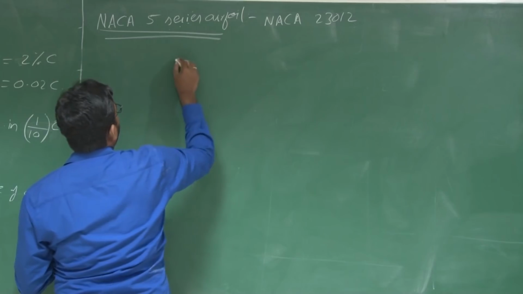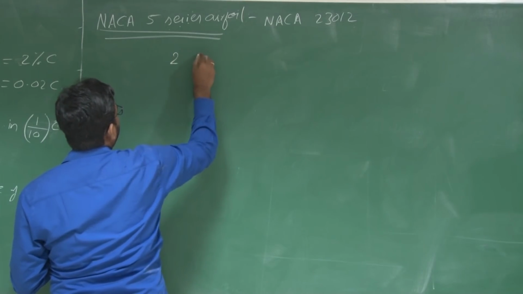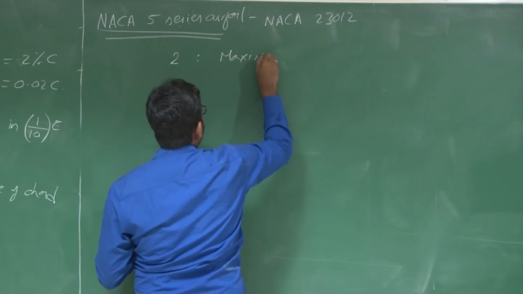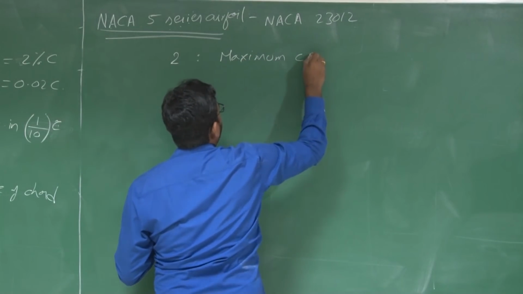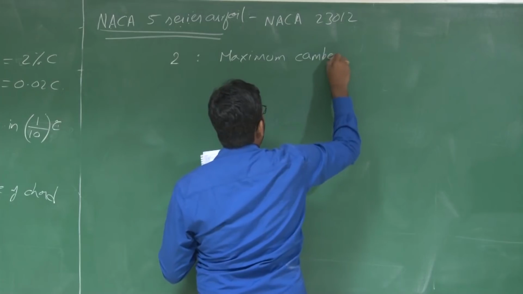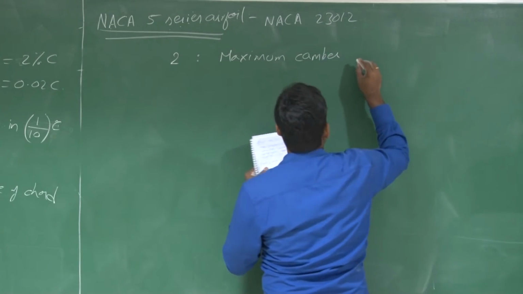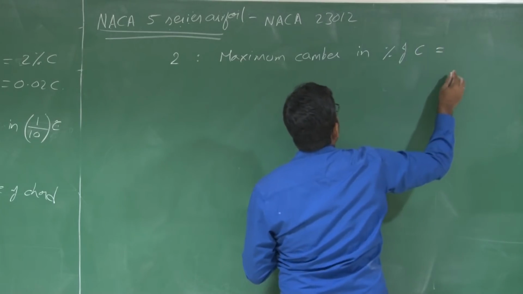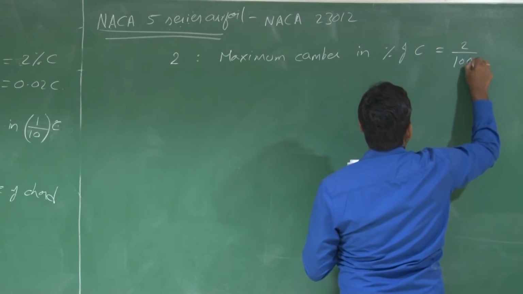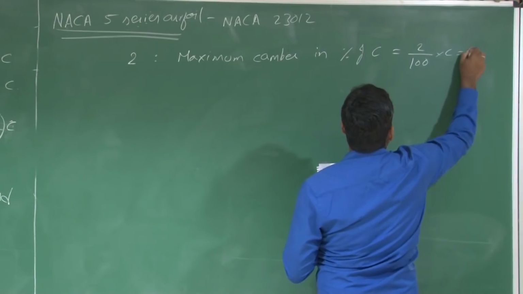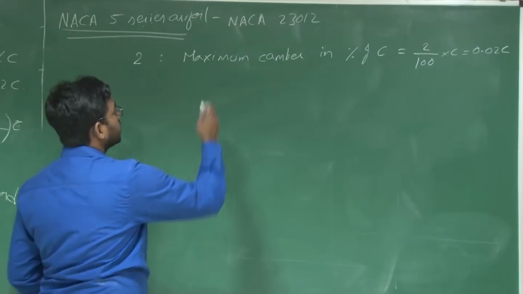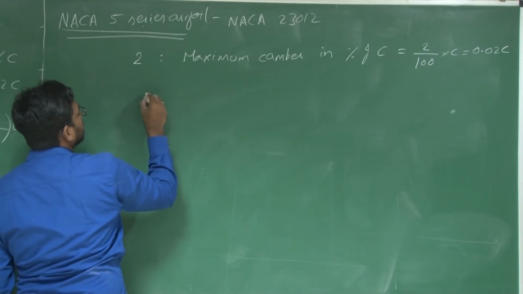So the first digit here, 2, gives the information about maximum camber in percentage of C, that equals 2 by 100 into C, 0.02 C. The first digit will also talk about design CL, right?